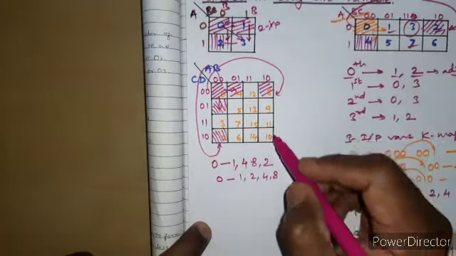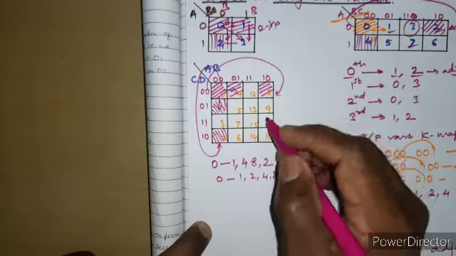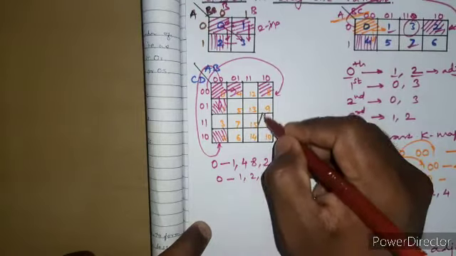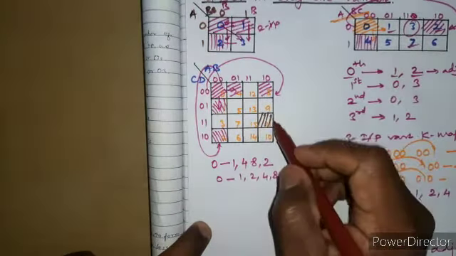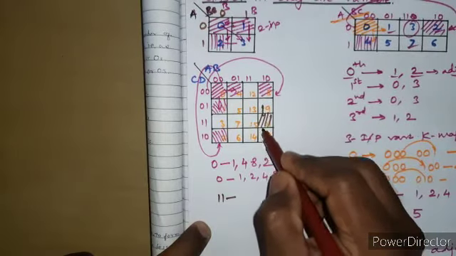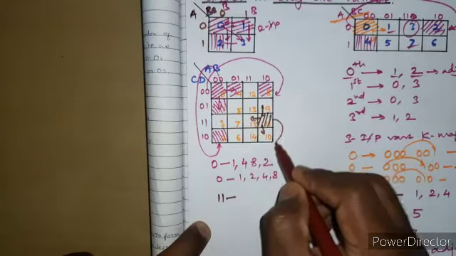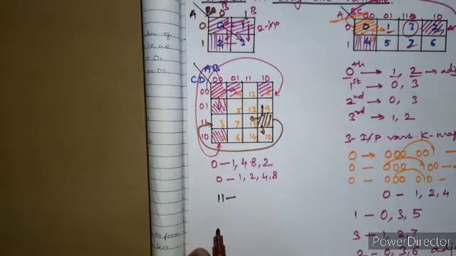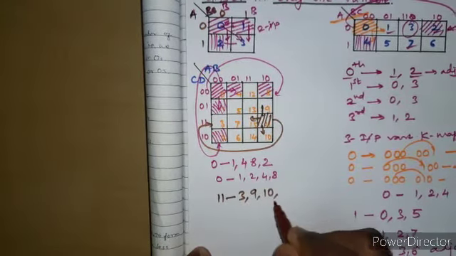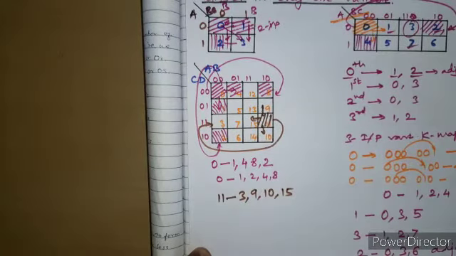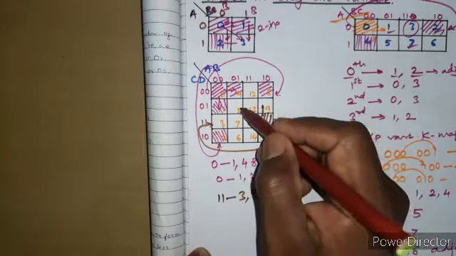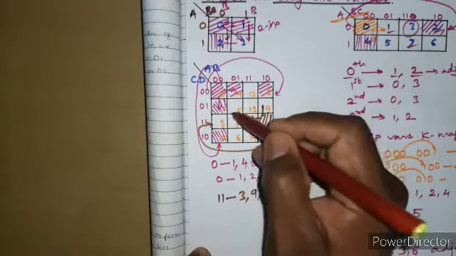You can consider any other cell. Let's consider this cell number 11. For 11 we have this 9, 10, 15, and this way it is 3. So we have 3, 9, 10, 15. We can easily find out adjacent cells for these middle cells.